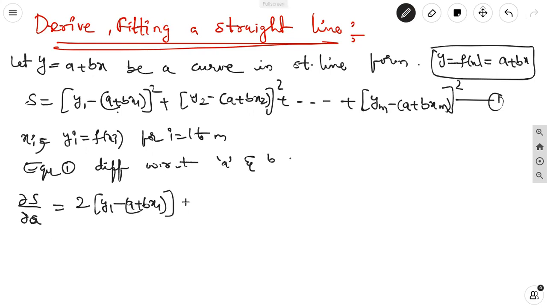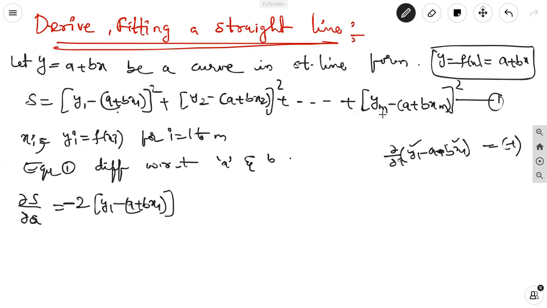Here y1 and bx1 are treated as constants, so dou by dou a of y1 minus a plus bx1 is minus 1. So it will come minus 2 into y1 minus a plus bx1.